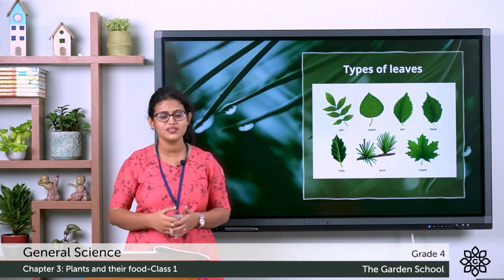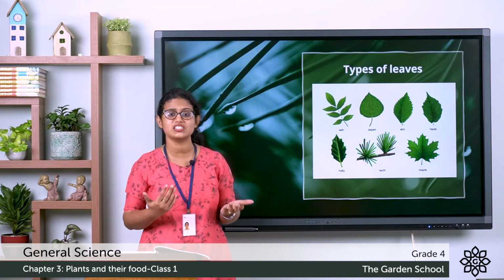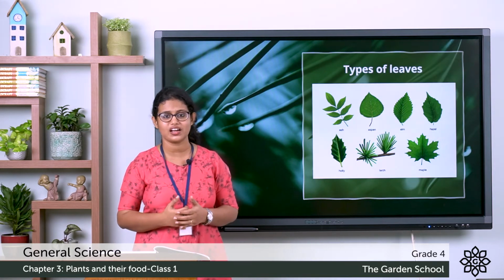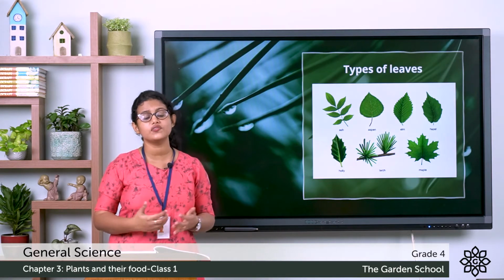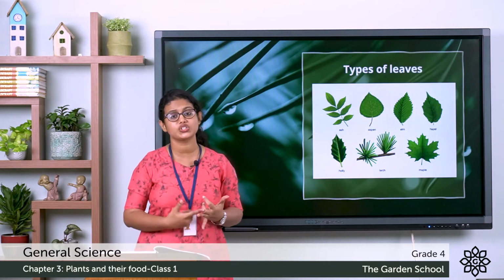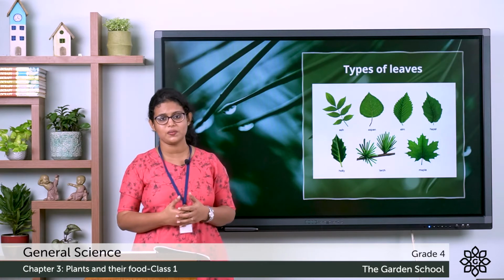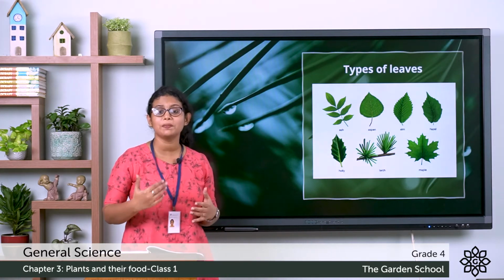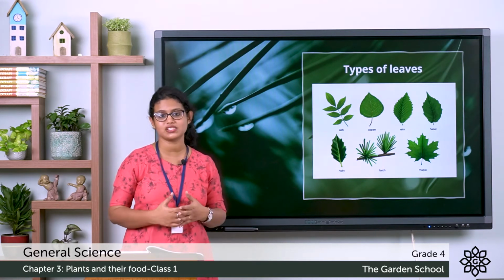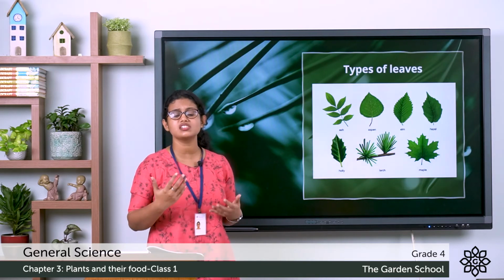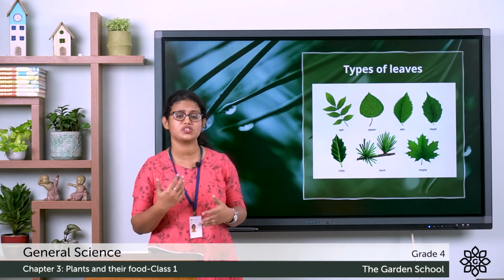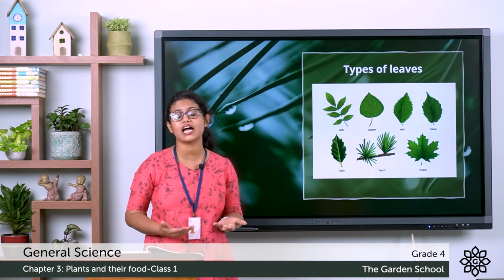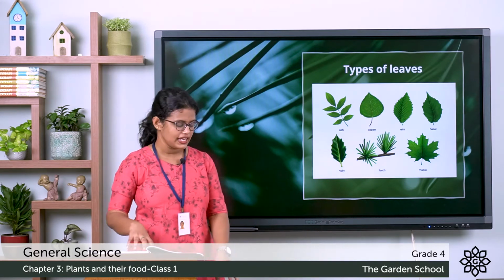Does it look similar? No. It differs in its shape, size, etc. So leaves differ in their size, shape, color, etc. We can identify a plant by its leaves. Different plants have different types of leaves.